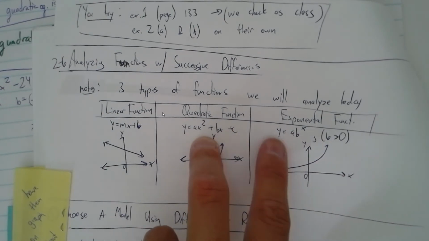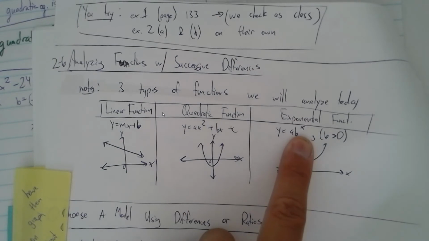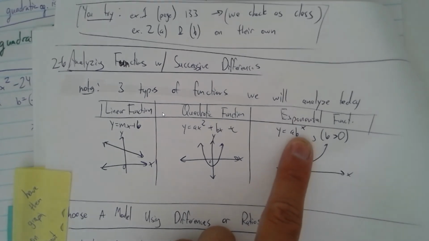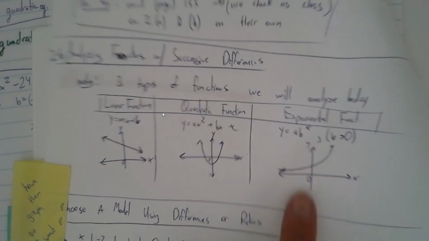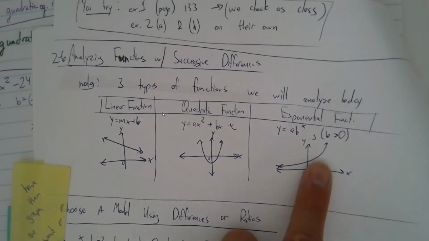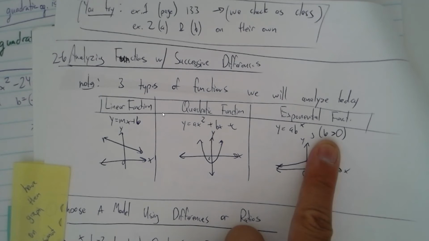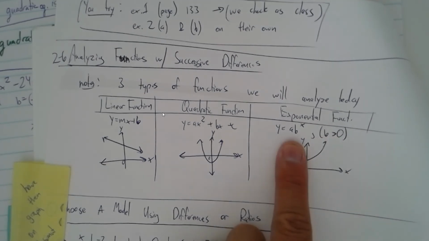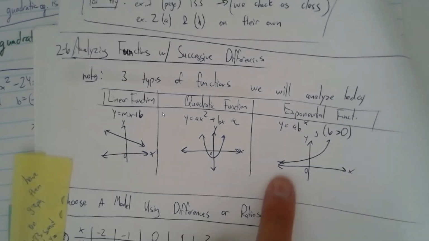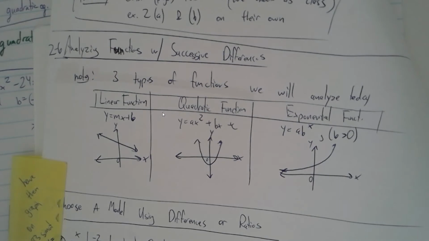And then the new one that we're not going to touch on a lot except for this section is y = ab^x. B stands for base. The curve that you see is the case where your b is a number greater than 0, because your curve might do different things if your b is not a positive number.